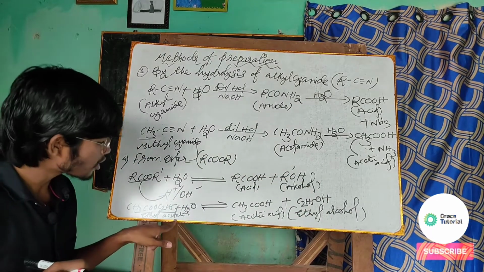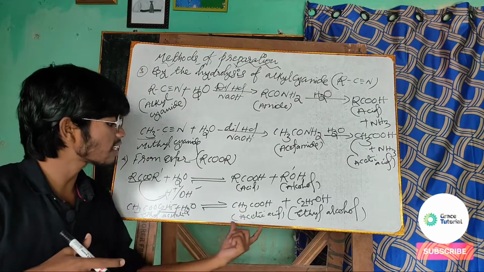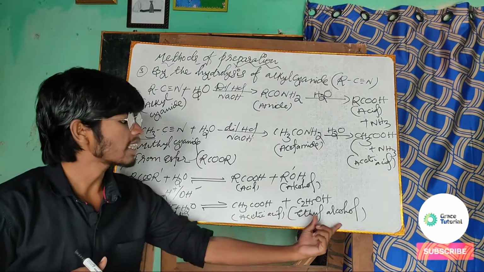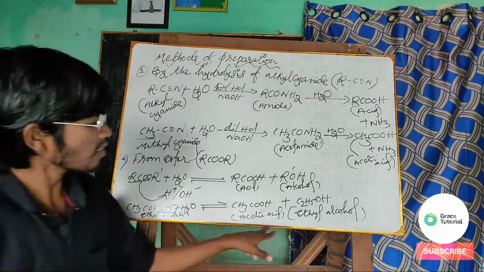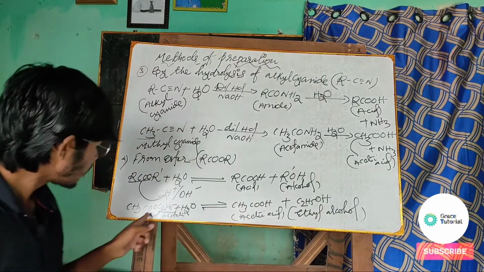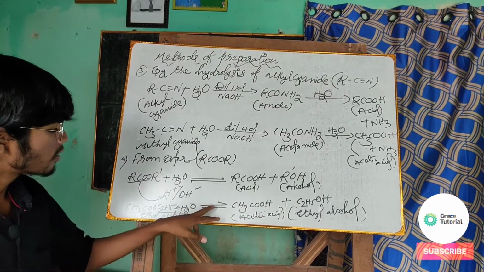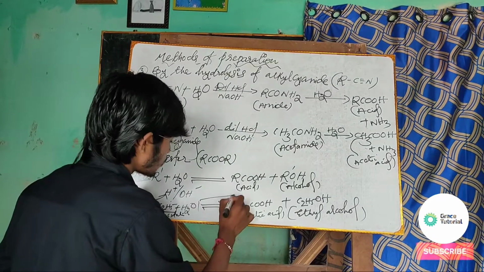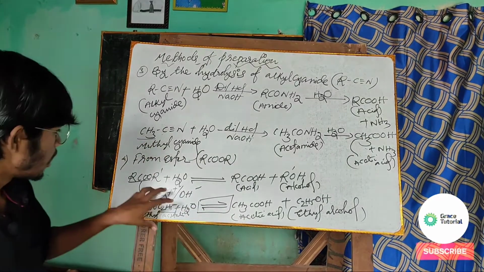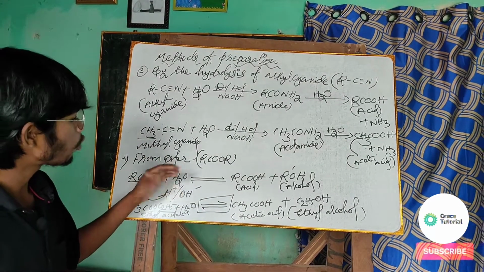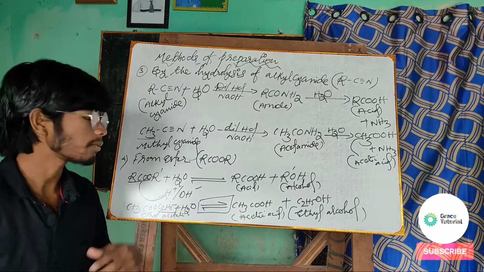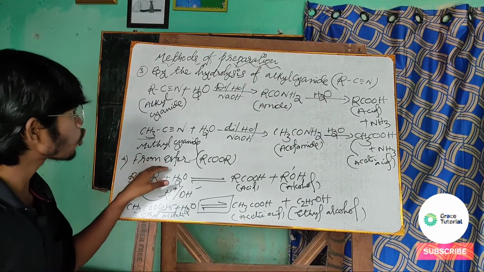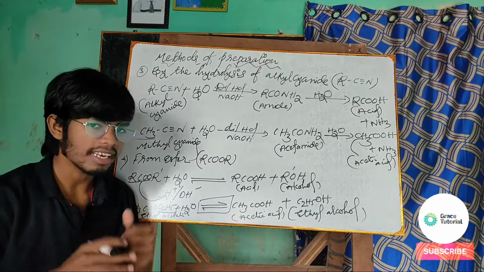When ethyl acetate on hydrolysis gives acetic acid along with ethyl alcohol, and if acetic acid and ethyl alcohol react together, then ester is formed. That's why this reversible symbol has been given. That means from ester we can prepare the acid as well. So this is the fourth method of the preparation of carboxylic acid.